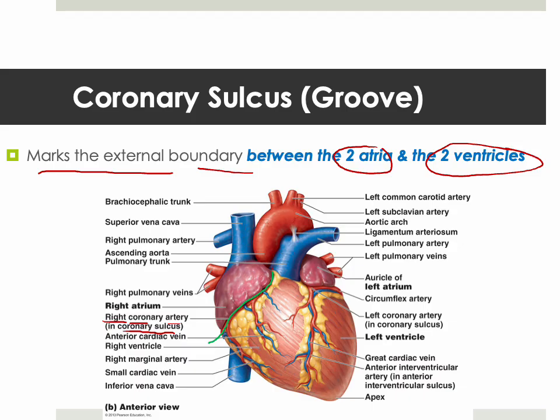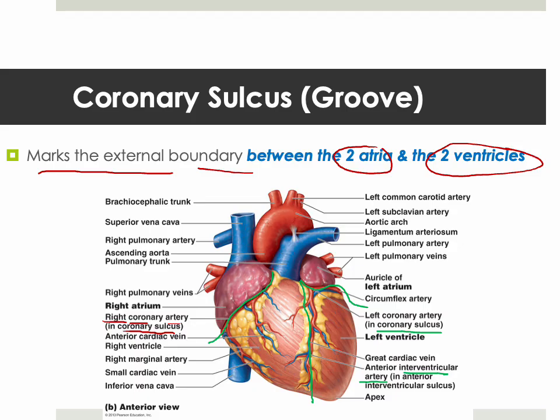Then we have another coronary sulcus that is going to be here, and this is where the left coronary artery is, okay? There is another sulcus, I should say, and this one is here, okay? That one is where the great cardiac vein is, but also the anterior interventricular artery.